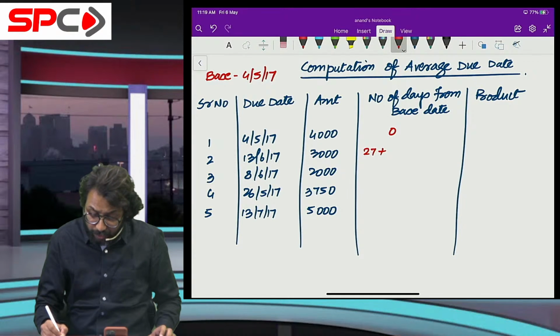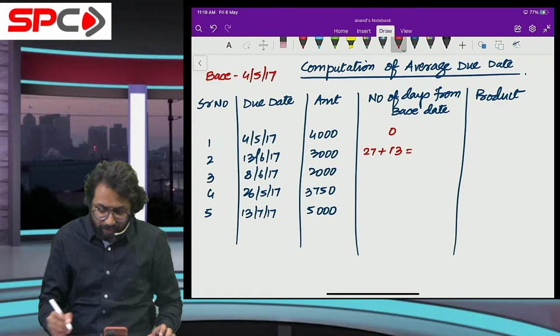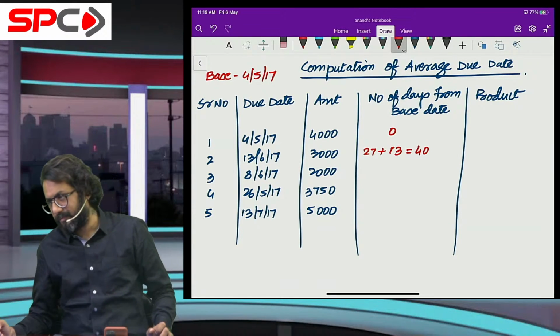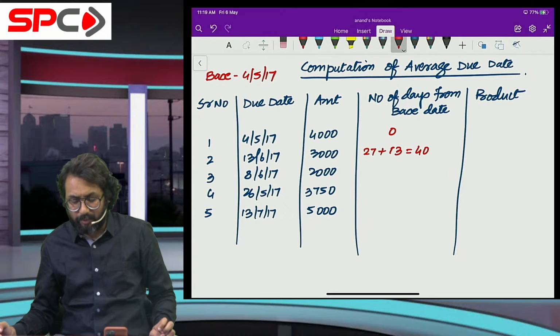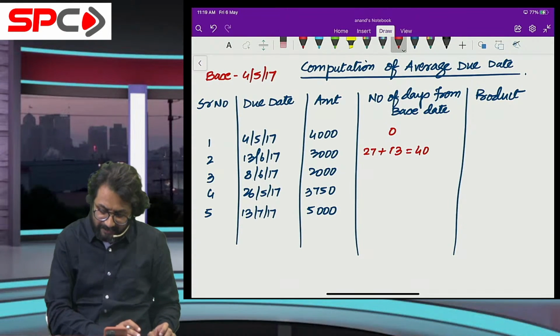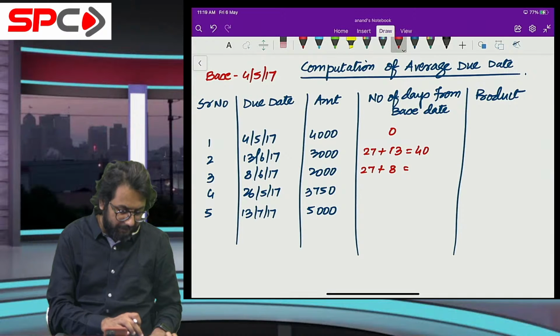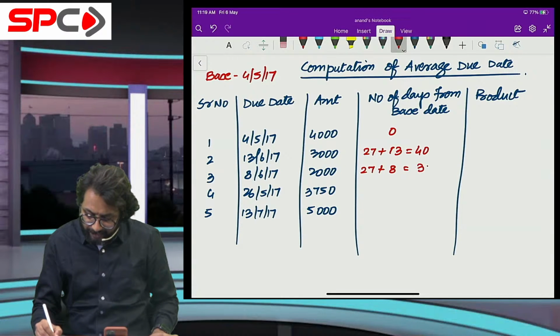After May there is June. I'll say 13. So 27 plus 13, how many days? 40. 40 days is from 4th May to 13th June. Yes or no? Then next. Boys and girls, until 8 June, I'll say again 27 plus 8, that is 35. Very good.